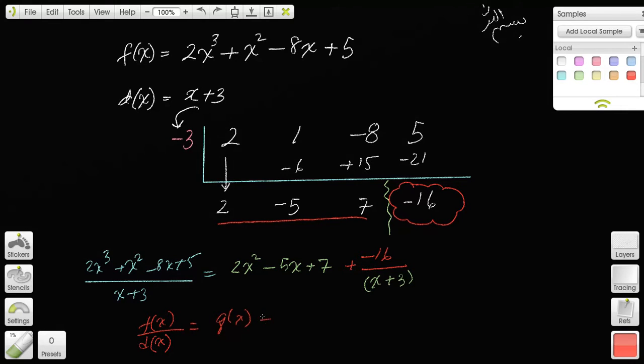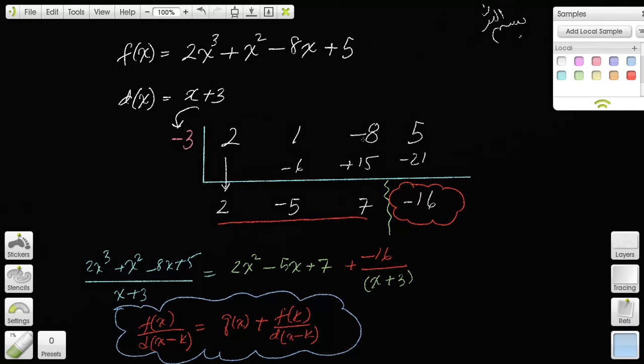Now, I didn't write this properly. When f of x is divided by x minus k, then you have a quotient plus the remainder, which is going to be f of k, like this, over the divisor, which is x minus k. So this is the remainder theorem. It's just a fancy way of doing all of this that we have previously done.